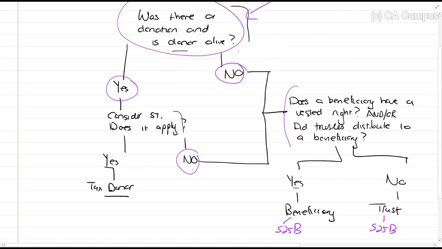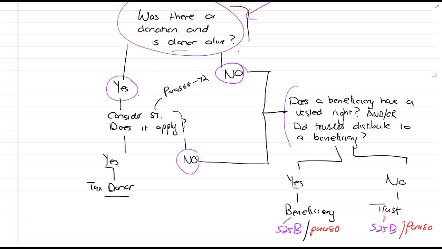So when we do this question, we say, was there a donation and is the donor alive? Yes. Consider section 7. You can also say consider paragraphs 68 to 72. Does it apply? Yes, tax the donor. Same story here, where you say section 25B, you could also say paragraph 80. There's a small difference between some of the sections, but overall this is the best way of looking at them.